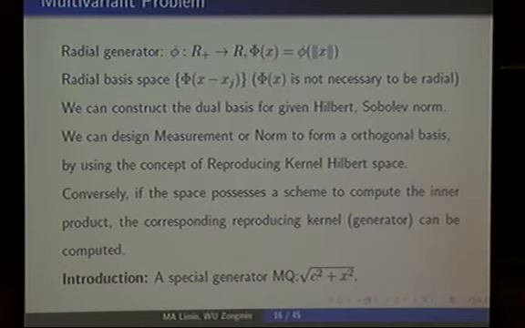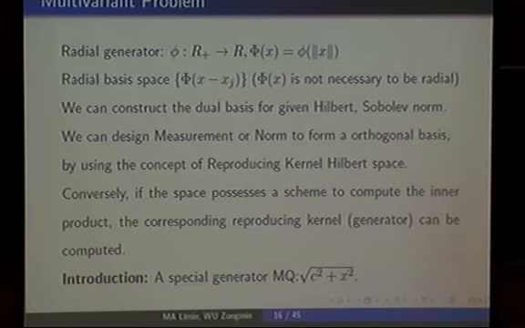We can construct a dual basis for given surface norm. We can design measurements or norms to form an orthogonal basis for this space. And we require only the concept of the reproducing kernel Hilbert space. Conversely, if the space possesses a scheme to compute the inner product, the corresponding reproducing kernel or generator can be computed too.